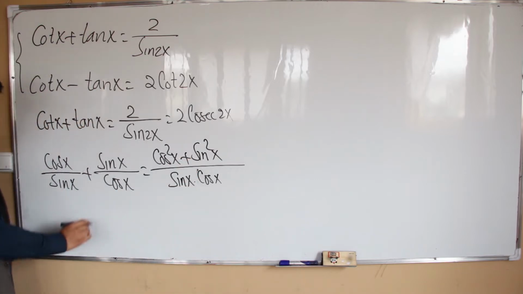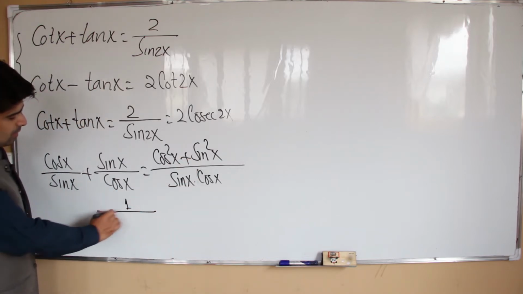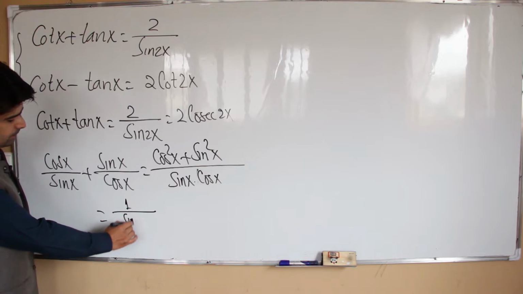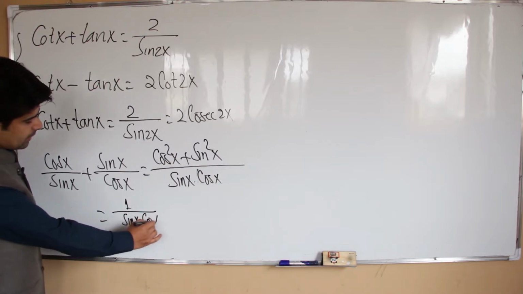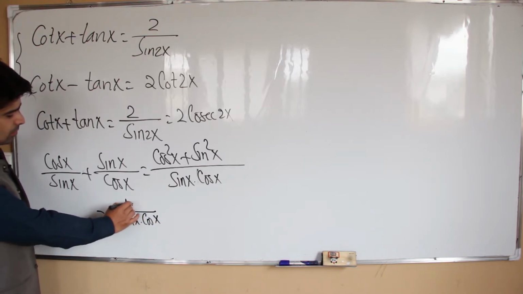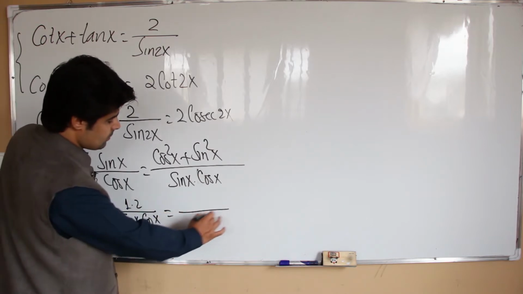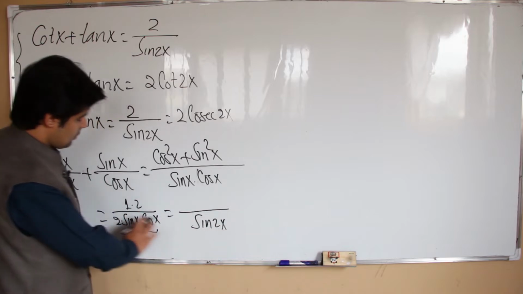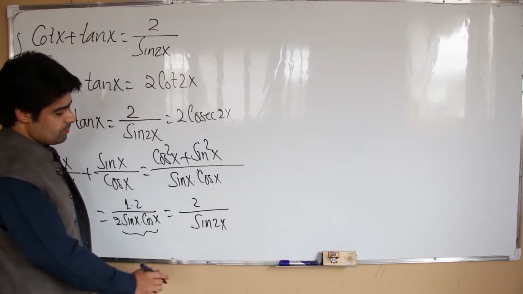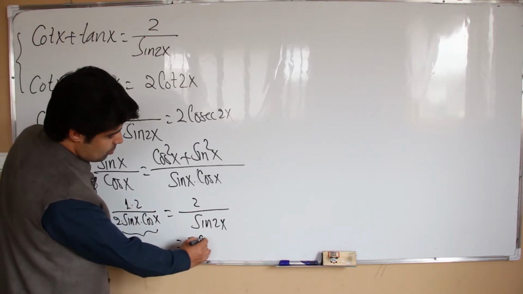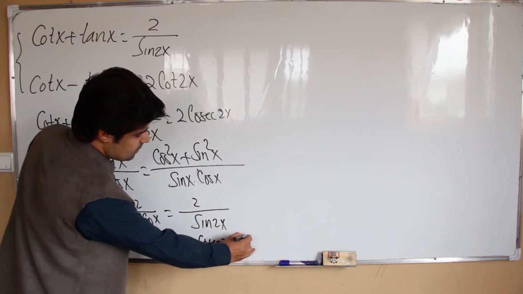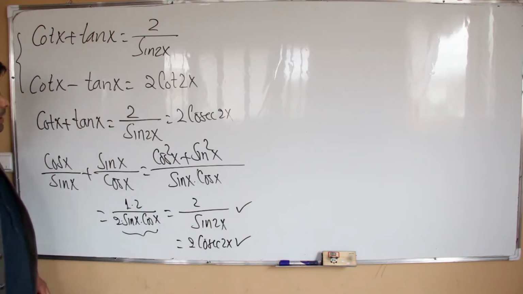Cosine square plus sine square is 1, over sine x times cosine x. Can I put a 2 here and also a 2 here? Yes. So this is the formula for sine 2x, and 1 times 2 is 2. 2 divided by sine 2x, also we can write 2 cosec of 2x. We have proved it.